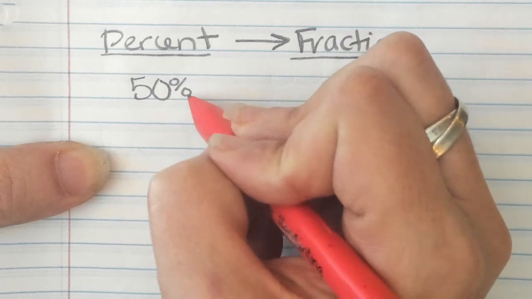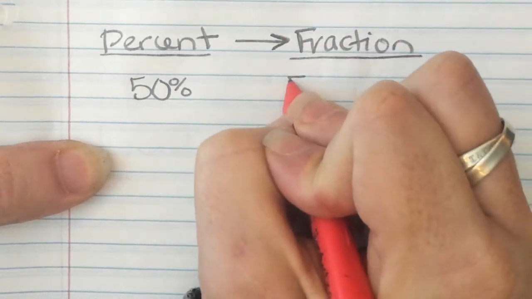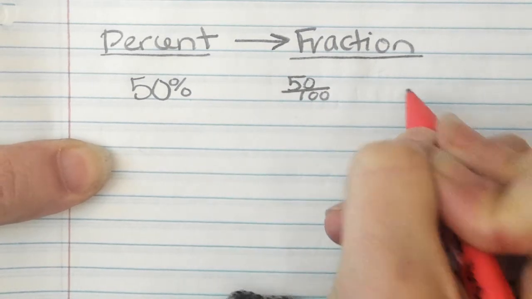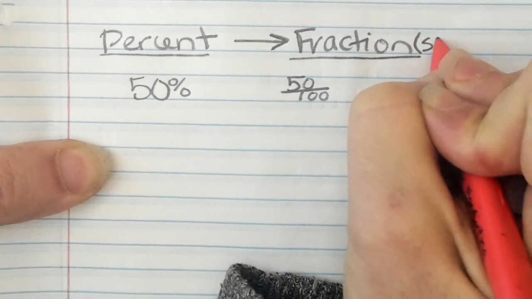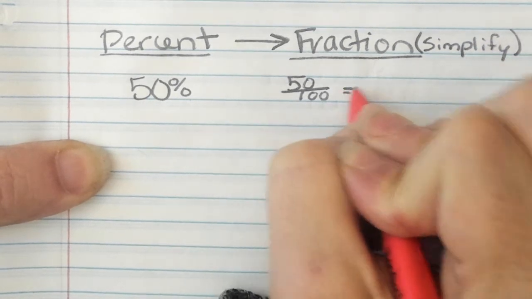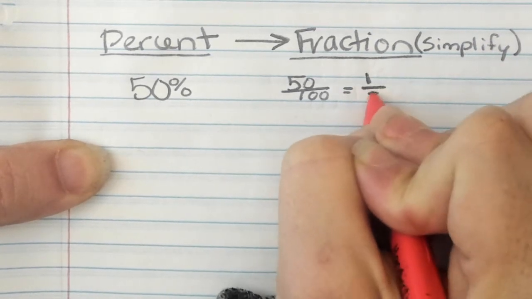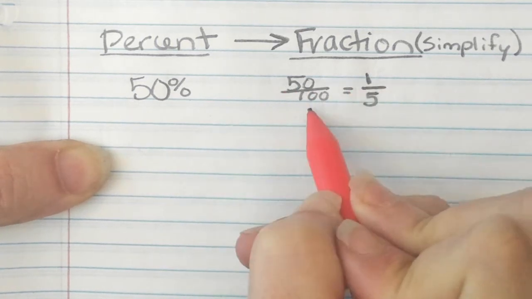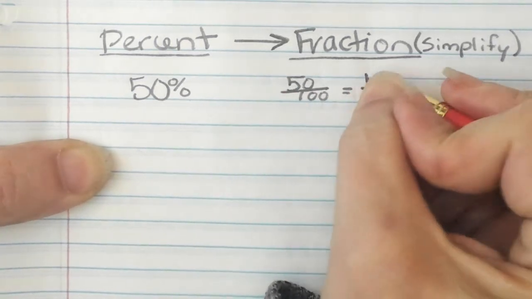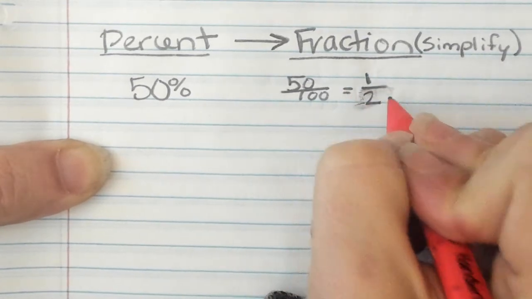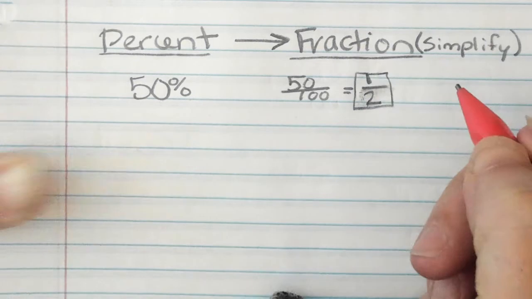So 50% means 50 over 100. Then we got to simplify. And it would be 1/2. You'd simplify by 50. 50 divided by 50 is 1. Not 5. 50 into 100 is 2. That would be your final answer.